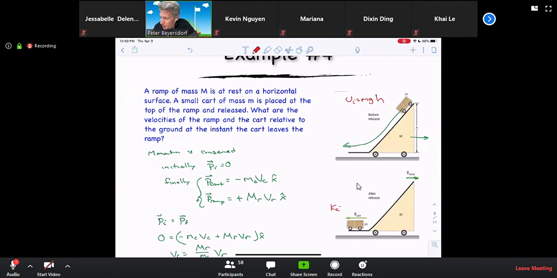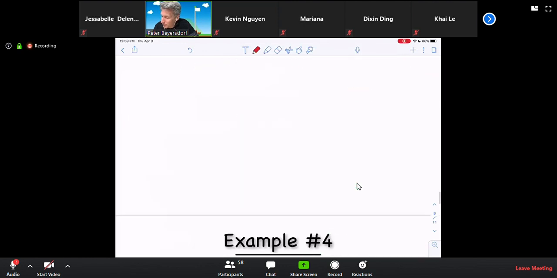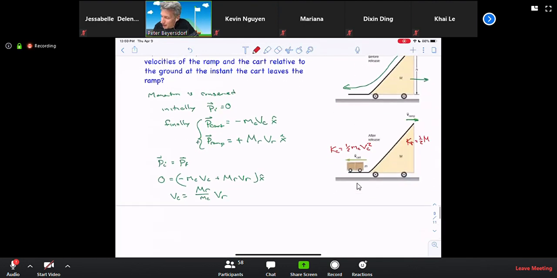So the kinetic energy of the cart is 1/2 times the mass of the cart, velocity of the cart squared. And the kinetic energy of the ramp is going to be 1/2 times the mass of the... Okay, I can't write that far to the right, or else I hit the scroll bar. 1/2 m v_r squared. So let me apply conservation of energy as the block is sliding down the ramp.